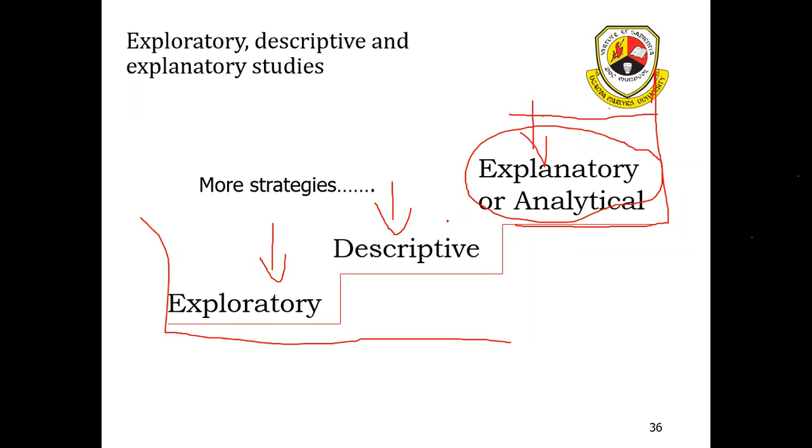Now in the descriptive part, I'm just describing the demographics. But in explanatory or analytical, I'm really finding out causality. What causes this? Normally in quantitative research, for causality you actually use theory for finding out the cause of something.